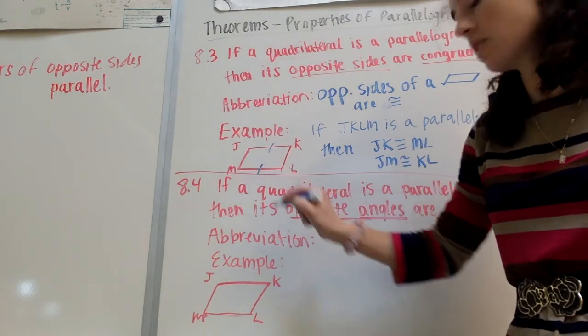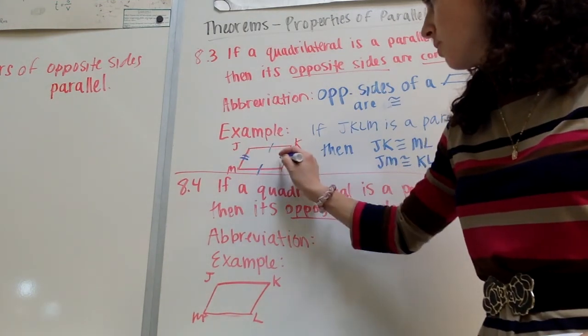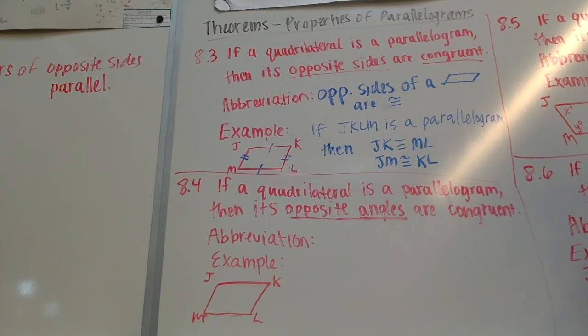So this one is congruent to this one, and this one over here needs to be congruent to this one. If it's a parallelogram, then those are congruent to each other, okay?